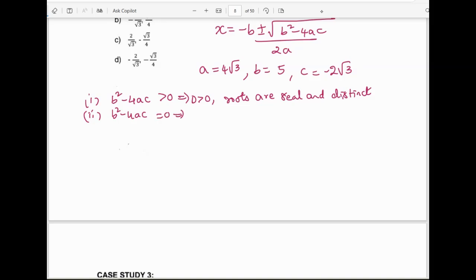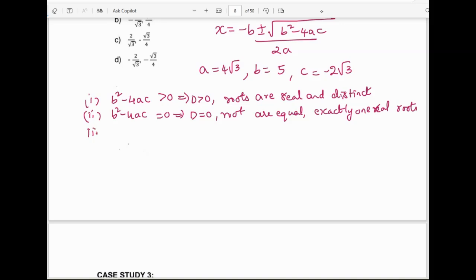If it is equal to 0, d is equal to 0, roots are equal and it has exactly one real root. So roots are real and equal here.